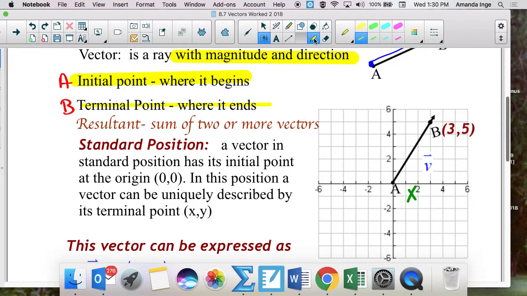So when we say a ray, a vector is in standard position. That means its initial point is at the origin. So in this case, ray AB, the initial point is at the origin.